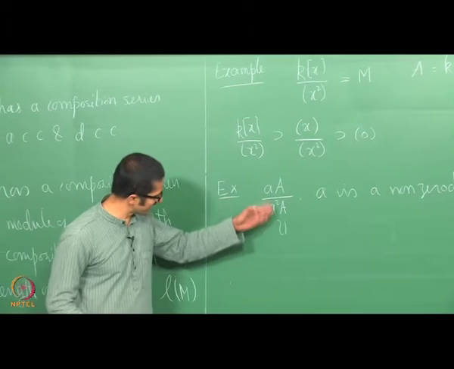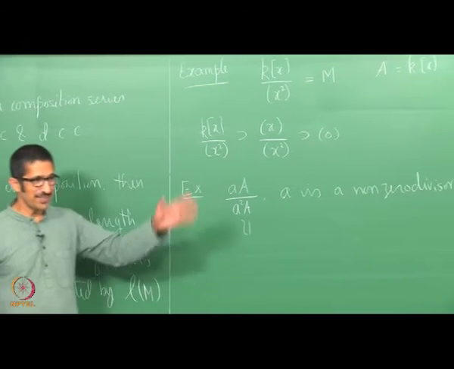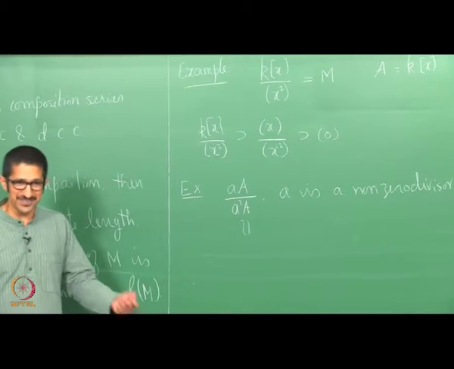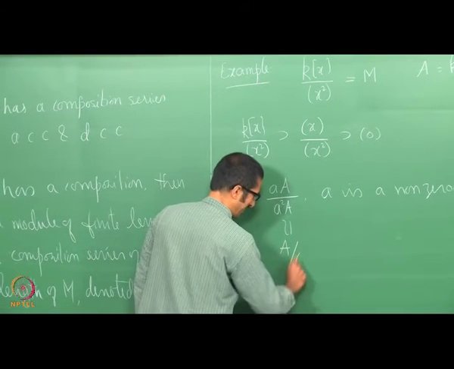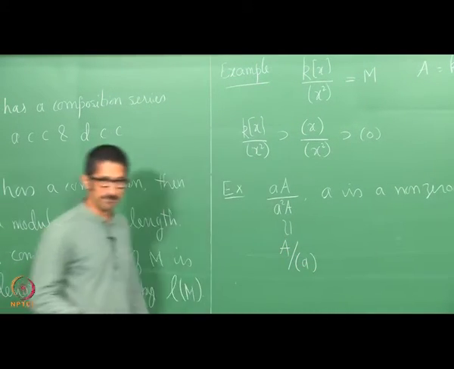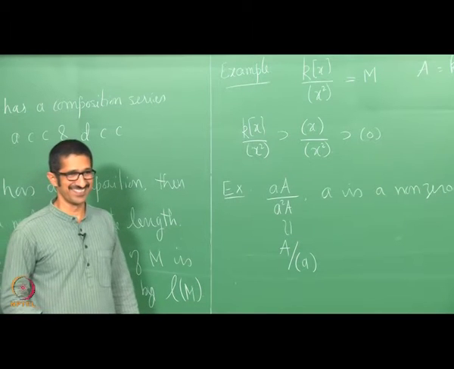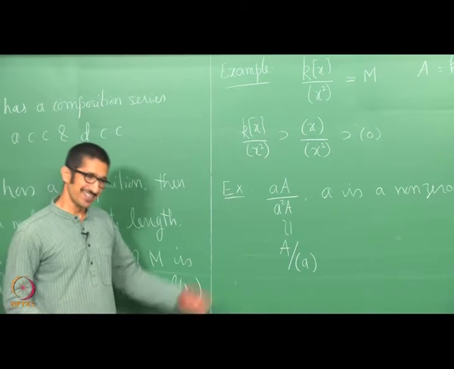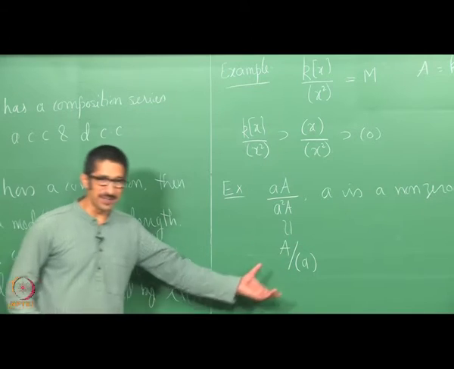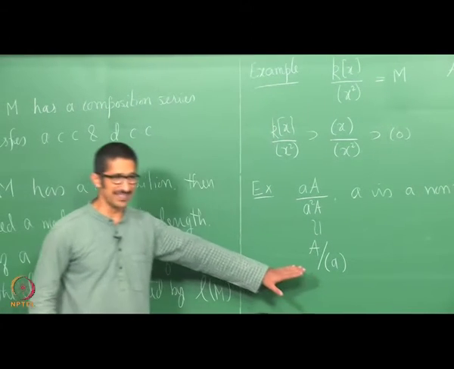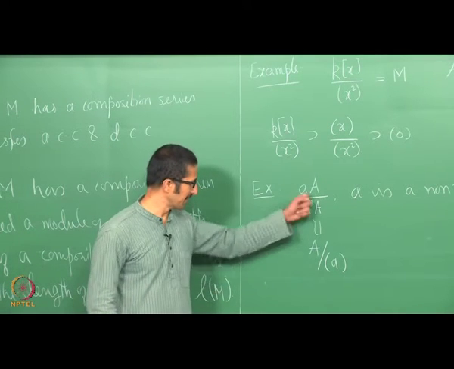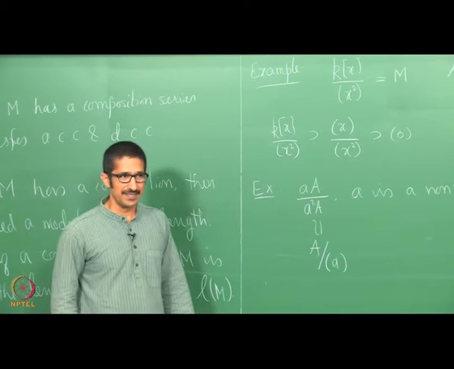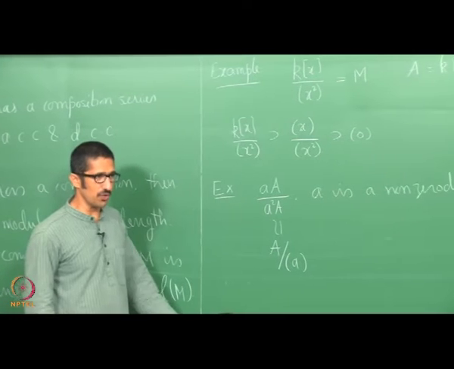Looking at this, are you not tempted to do something? Try to see if you can prove this. Suppose you want to prove this, how do you go about doing it?